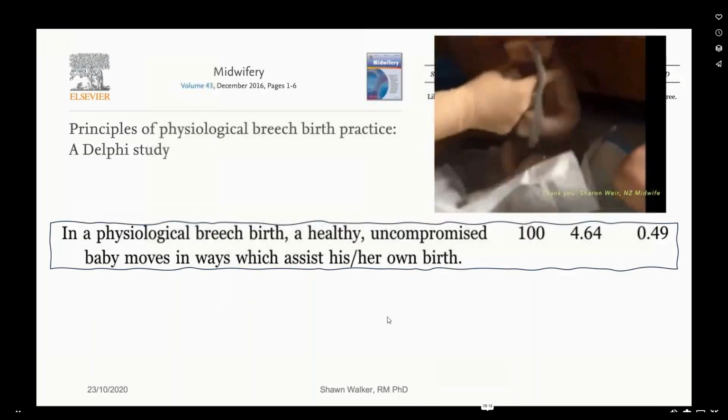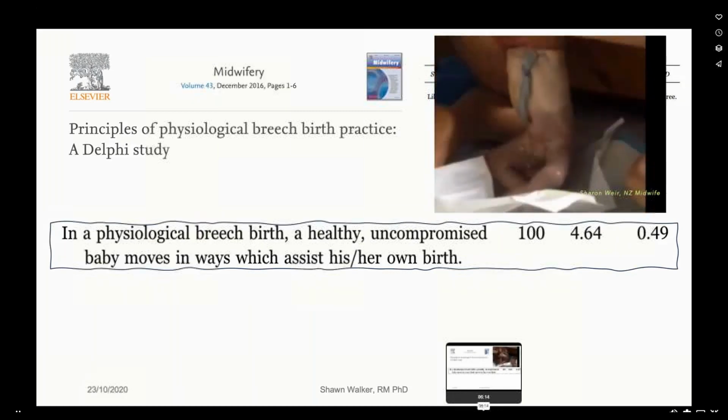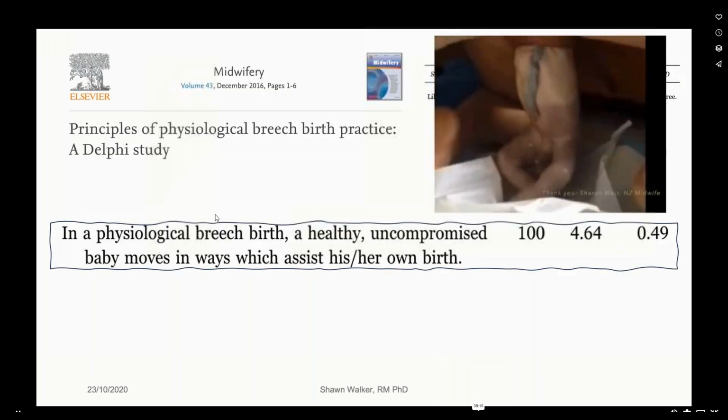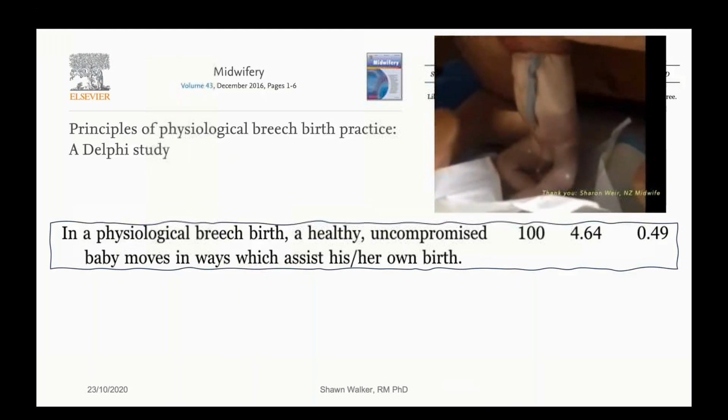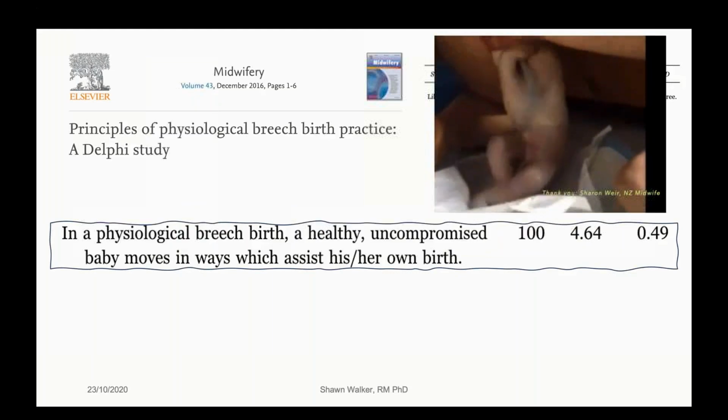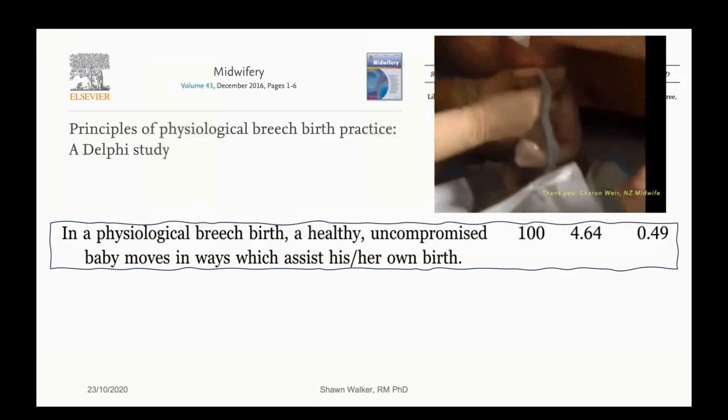Movement of the baby. Can you see? Have you seen the flexion jump? Again. Have you seen this?